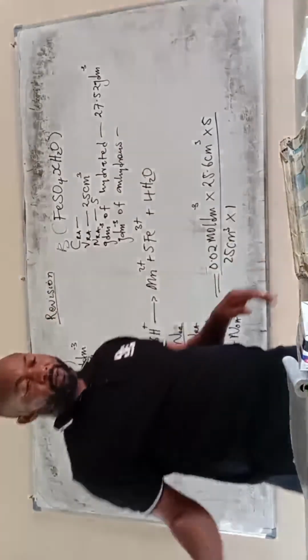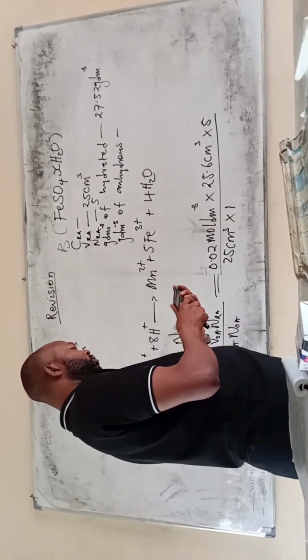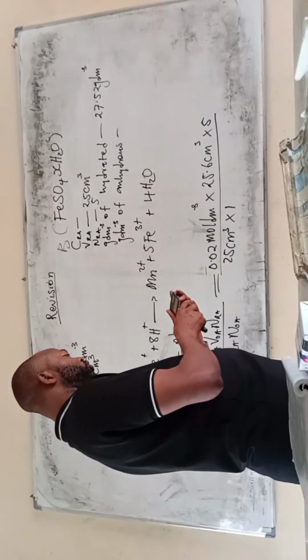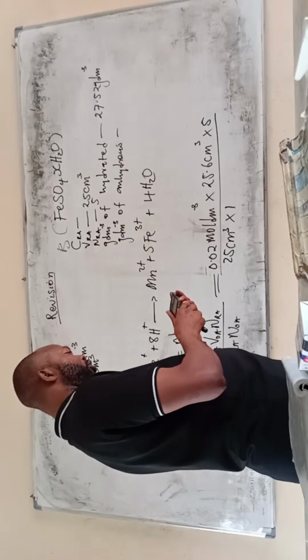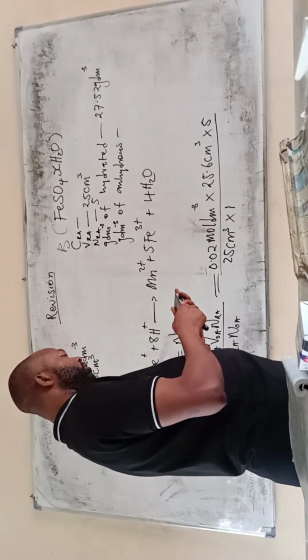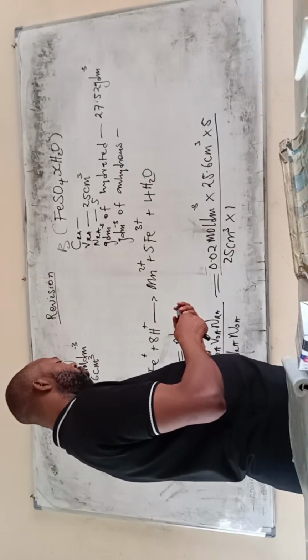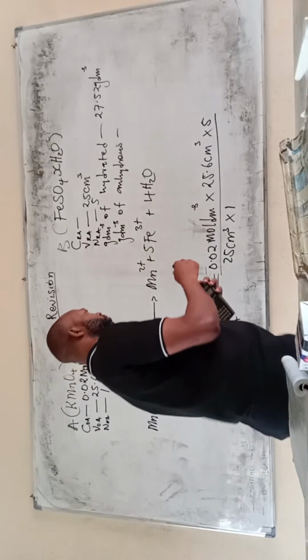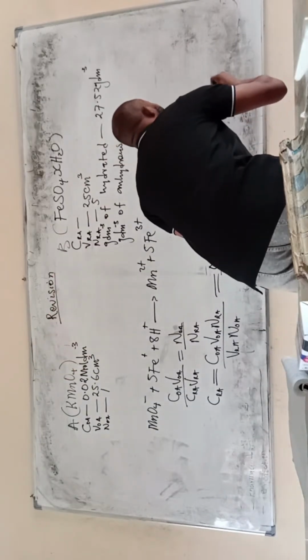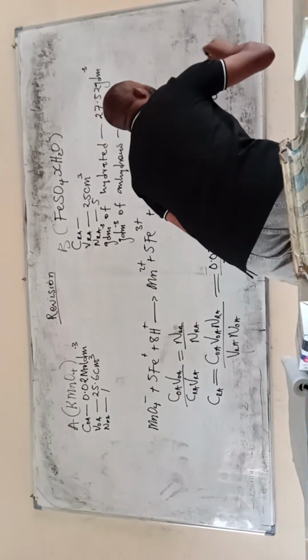Let's proceed. 0.02 times 25.6 times 5, divided by 25, is 0.102 mole per dm³.